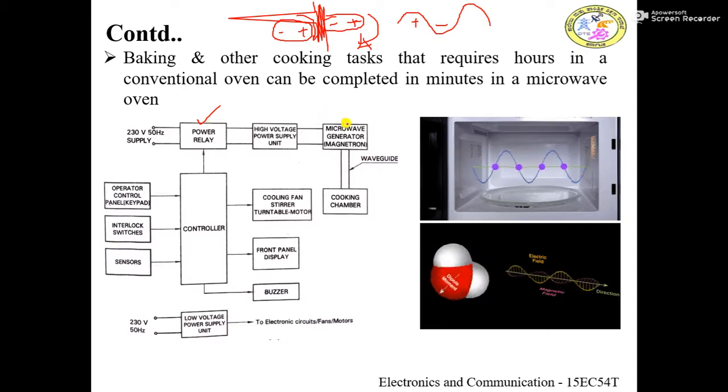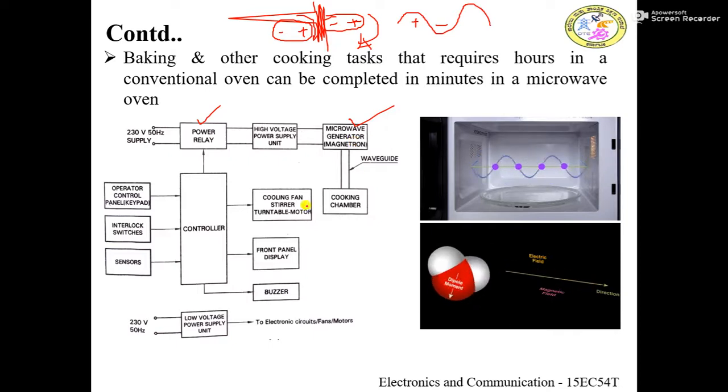Next, and the important thing, is the microwave generator, which is nothing but the magnetron. It produces microwaves of a frequency of 2.5 gigahertz.